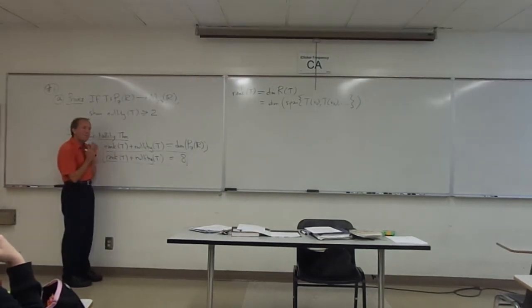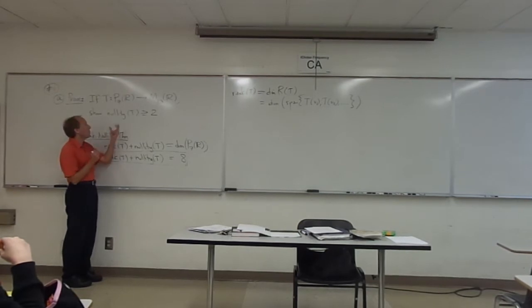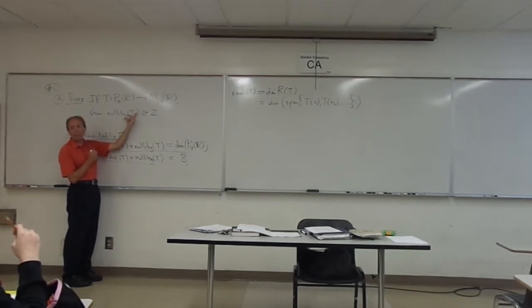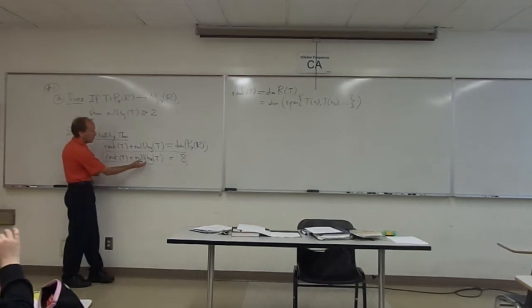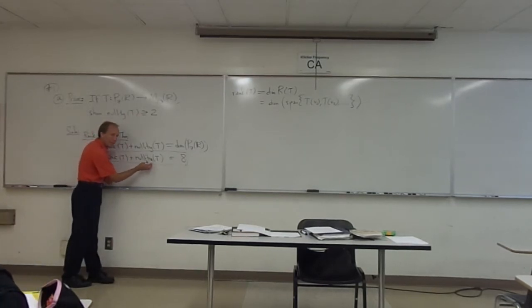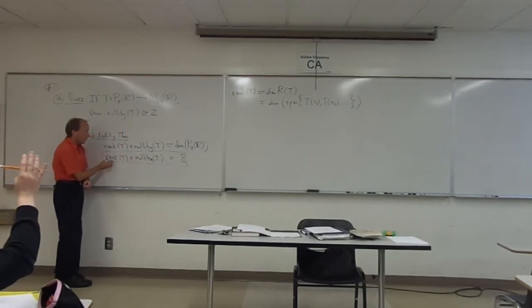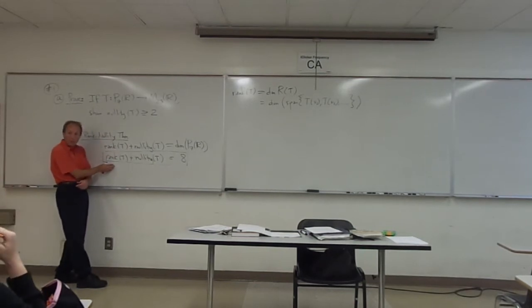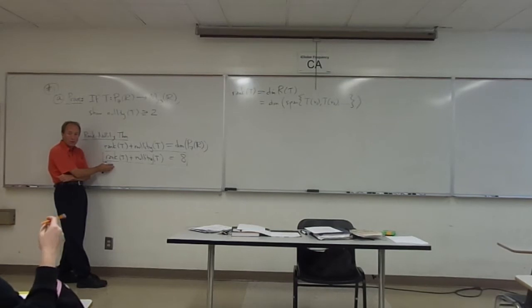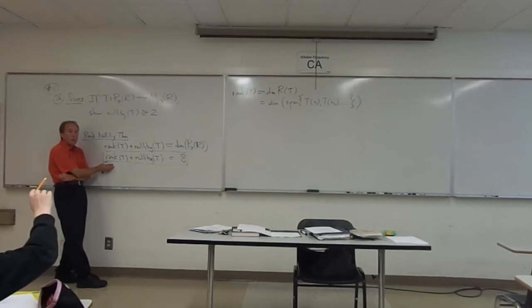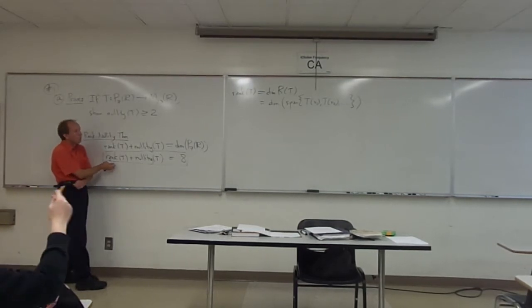I just want to stop for a second and say, you know what, we could try and reverse engineer this, right? And say, well, this is what I want to have happen. I would like the nullity to be at least 2. So if I want this number to be at least 2, what would I be wanting to say about this number? Oh, I think she was trying to say that we know that it's at most 6 because the dimension of W is 2 by 3, which means the dimension is 6.